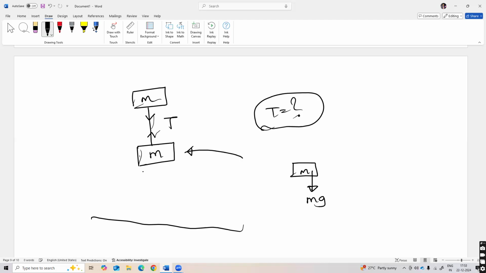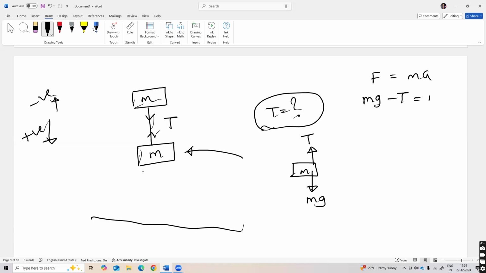Tension is acting in the upward direction, which is T. Since it is moving downward, in free fall, let's consider forces acting downward as positive and forces acting upward as negative. So the net force we get is mg minus T, and net force is equal to ma.